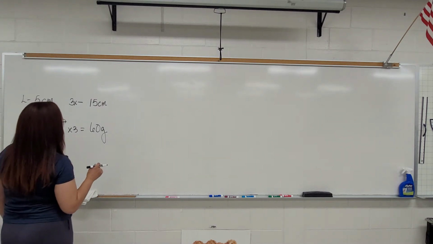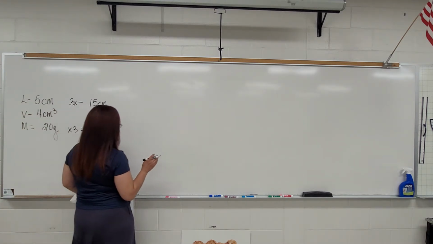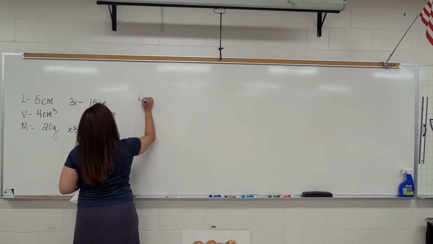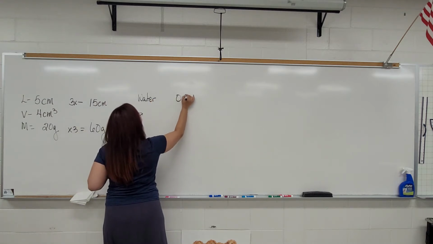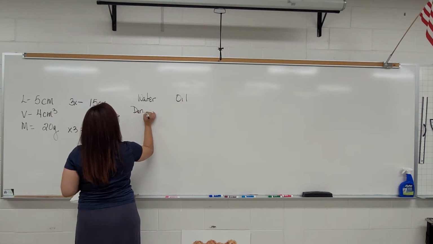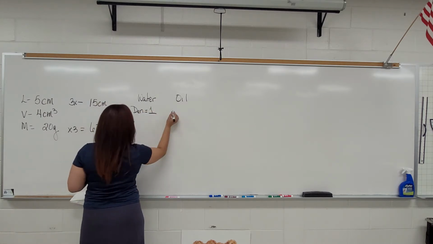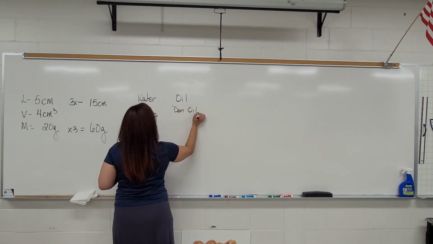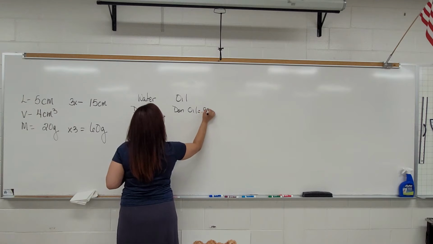So let's go ahead and set this problem up first. We have water and we have oil. We know the density of the water is 1. We know the density of the oil is equal to 0.91.